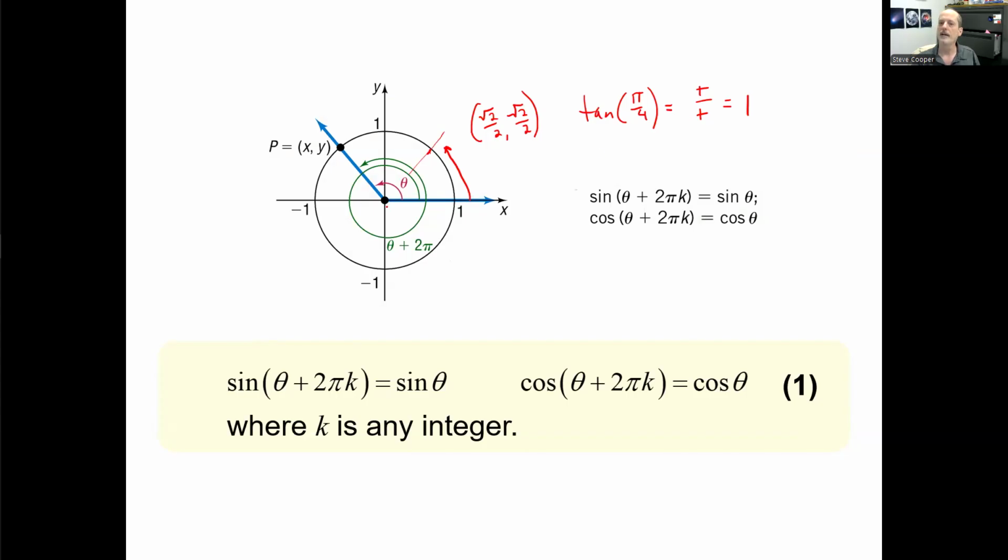Now this is 5 pi over 4 over here. And the xy coordinates are negative square root of 2 over 2 and negative square root of 2 over 2. So we've just shown that one period of a pi rotation takes me into the other quadrant, but the tangent is the same.